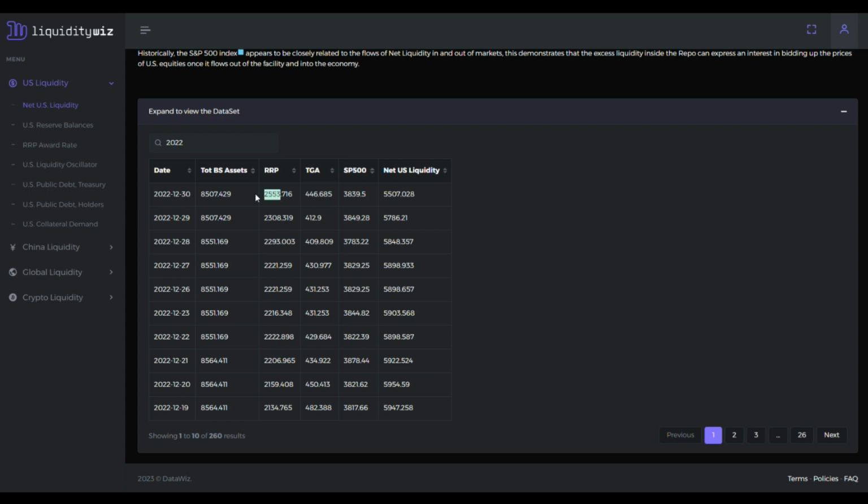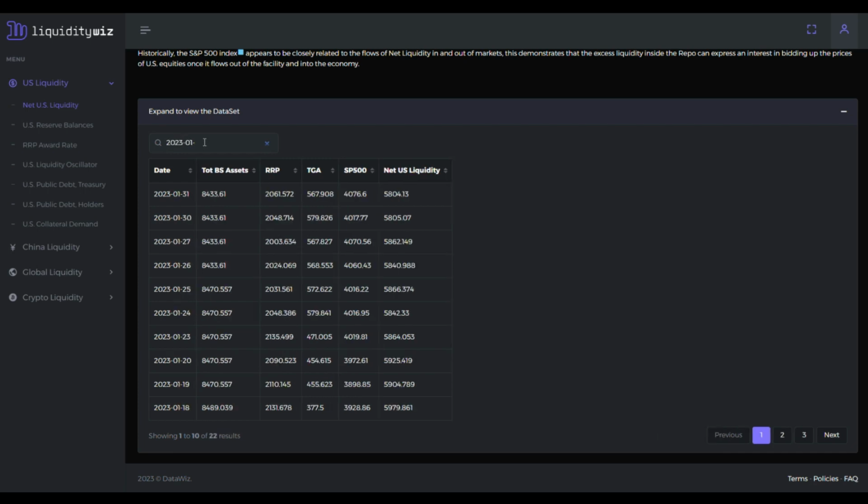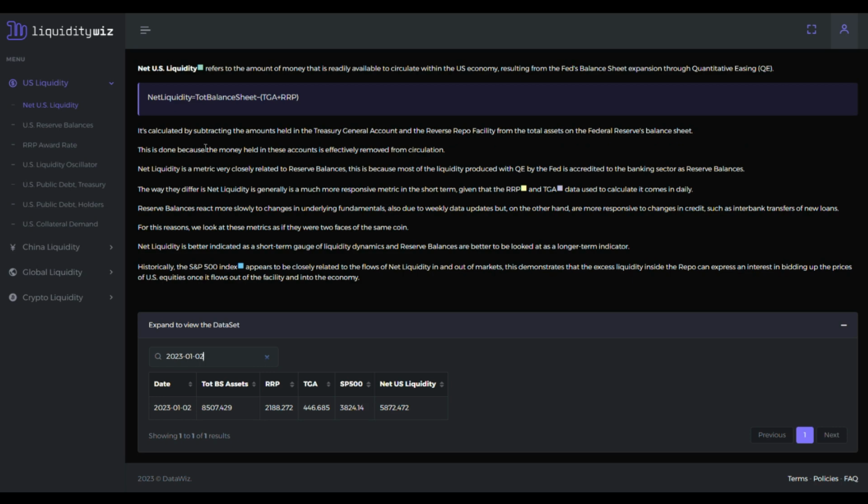And if we type in the date of the first day of the new year, which on Monday was the 2nd of January, you can see exactly how the money immediately flew out of the repo and back into the markets. So, these events have ultimately been labeled as window dressing and can be reasonably expected at the end of each new year. And it's best to keep that in mind.